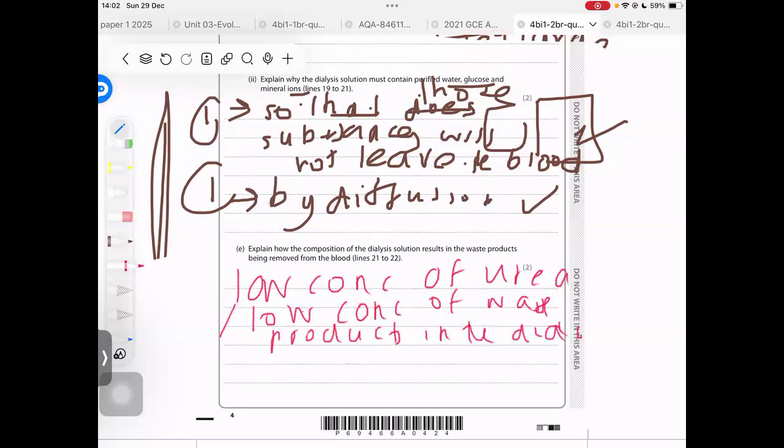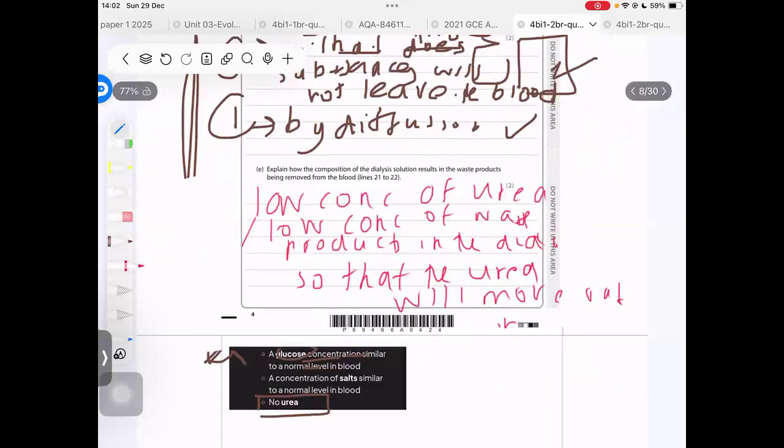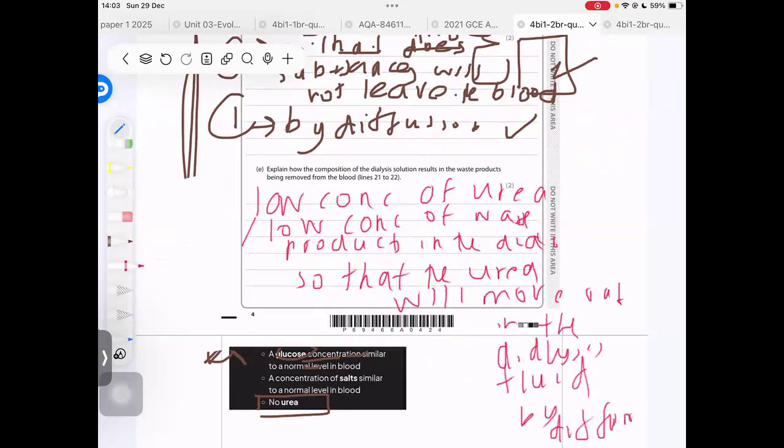So that the urea will move out into the dialysis fluid by diffusion. You have to mention the word diffusion, right?